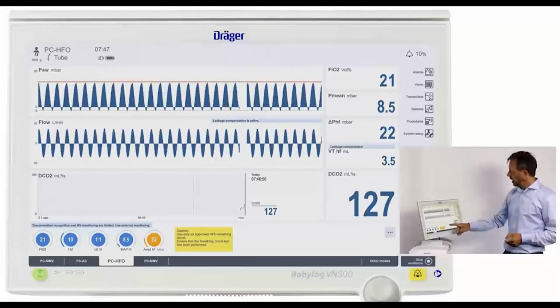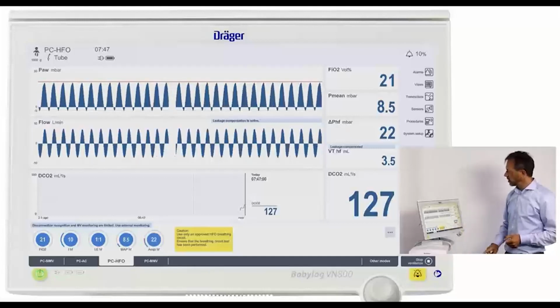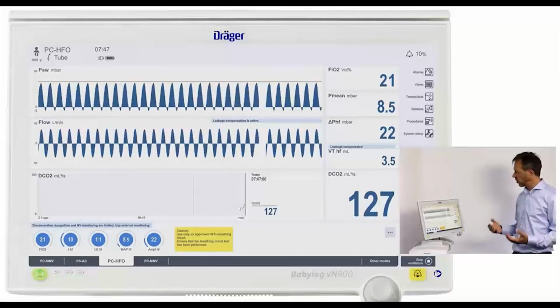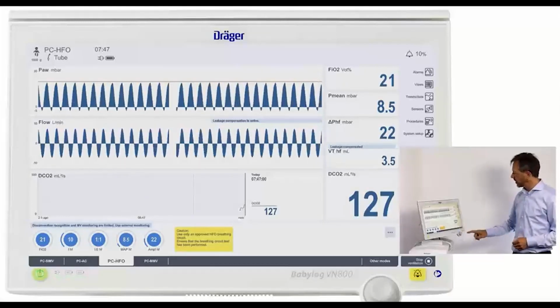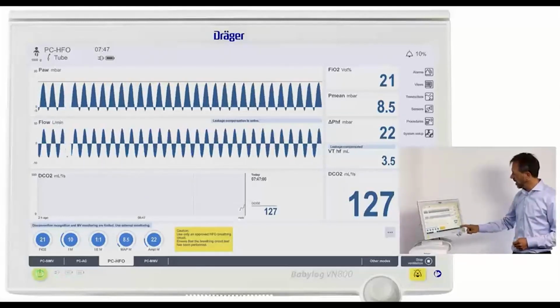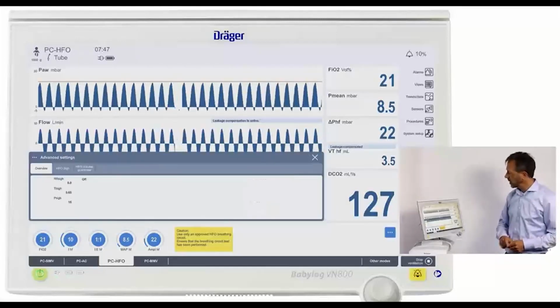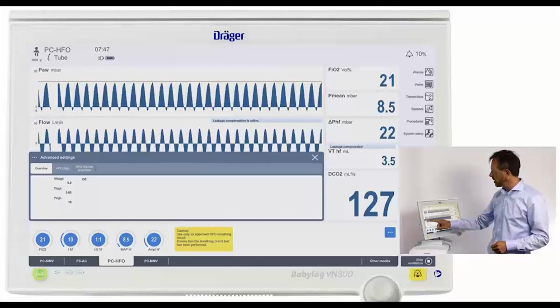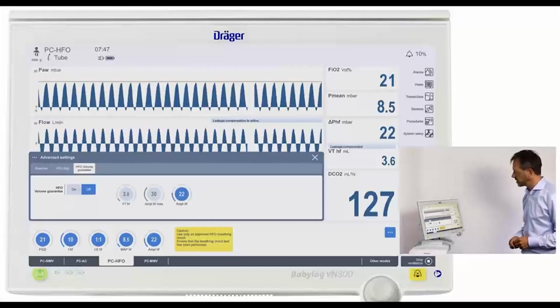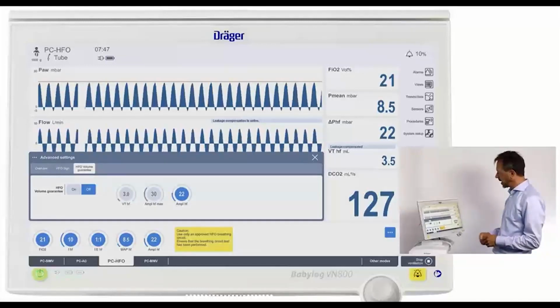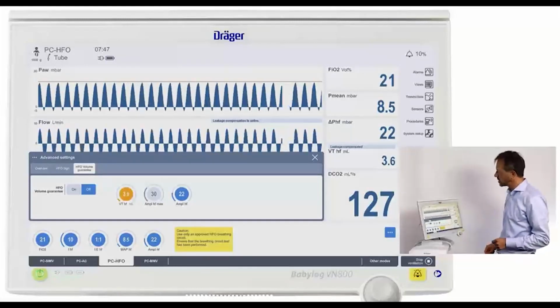However, I would like to show you volume guarantee. To get to volume guarantee, you first press the small knob here to the right with the 3 dots. If we open this, then we find volume guarantee as one of the options. So we are now in the volume guarantee settings. You can see that we can set the tidal volume.